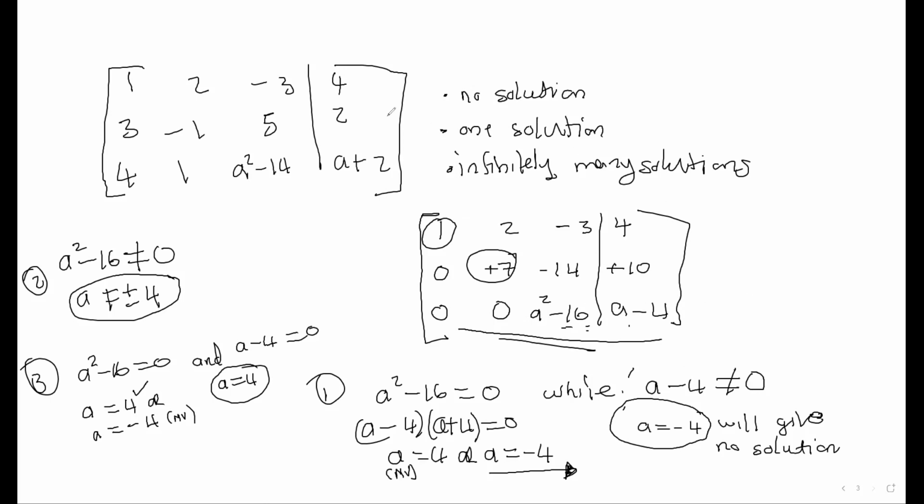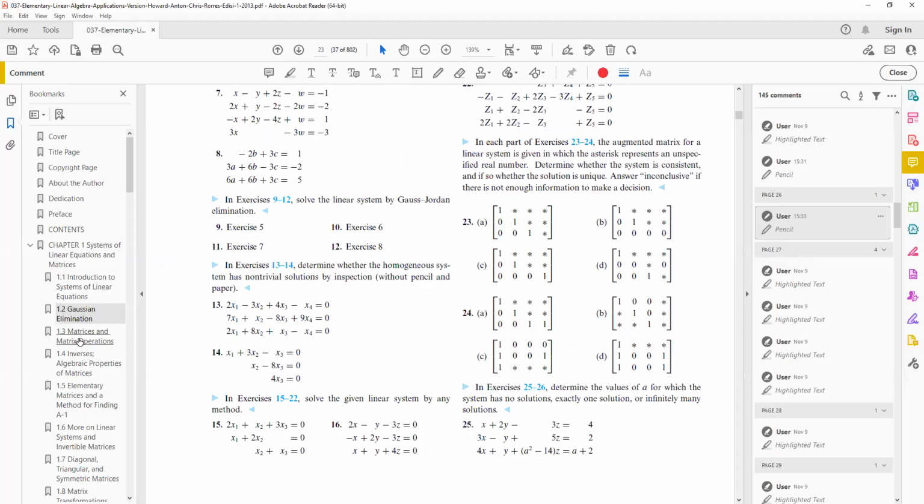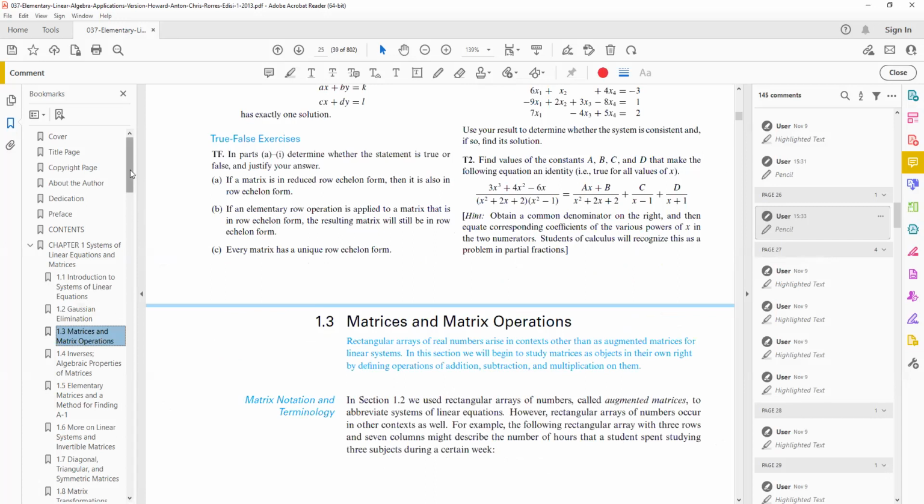Yeah, it's just about knowing how to, because the next section is, let me check, because we've done 2 chapters already. The next session is about matrix operations, like adding matrices, subtracting matrices, multiplications. That's something you just need to practice.